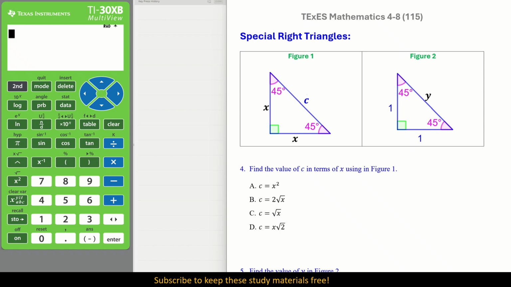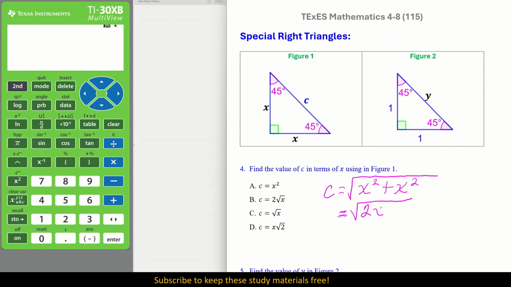Okay. All right. So let's take a look. What do we see? Well, we know that c squared equals what? Well, taking it from c squared, we want c. So under the radical, we're going to have a squared plus b squared. Well, that's x squared plus x squared. Imagine that. So what does that really give us? We can add those x squares together.